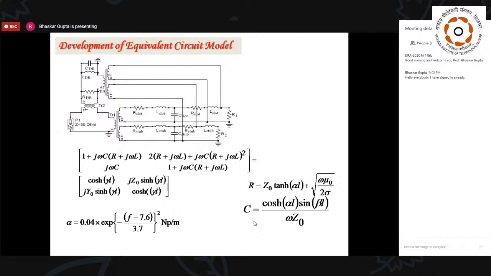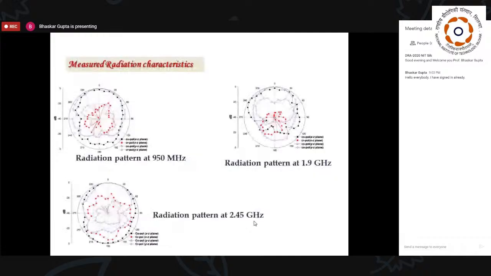And here, of course, this C is also given by this simple transmission line formulation and circuit analysis. I don't have the time to explain it elaborately.